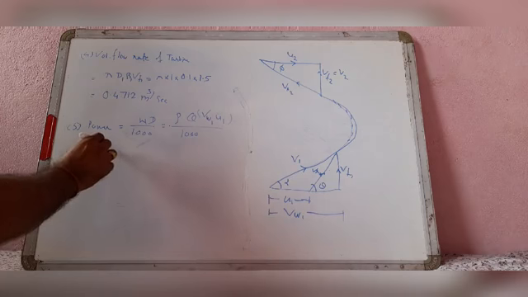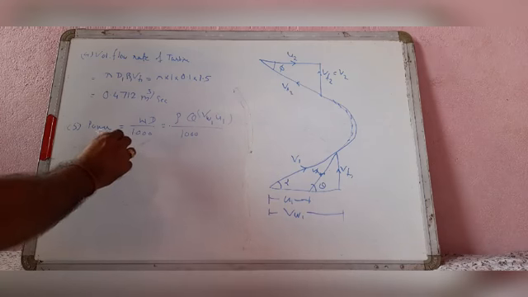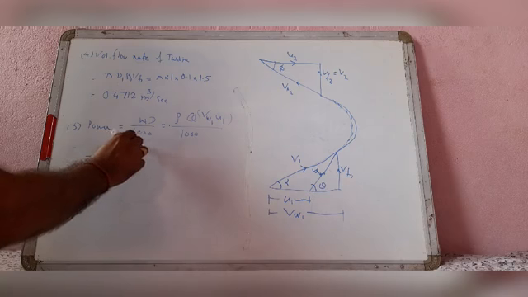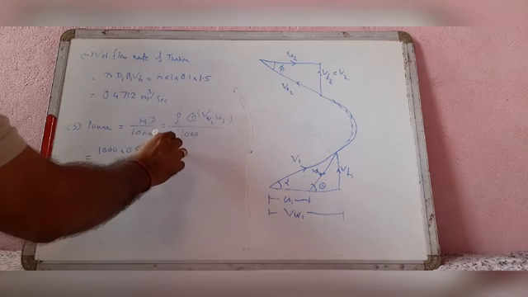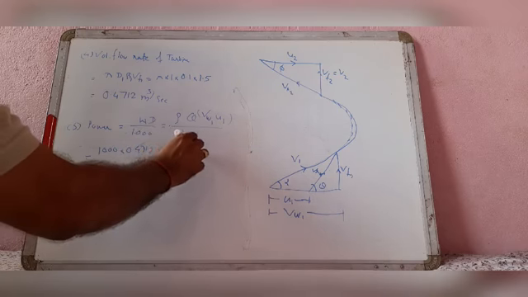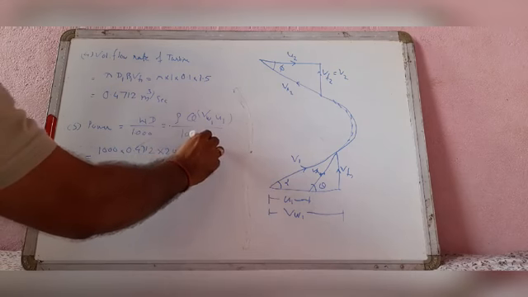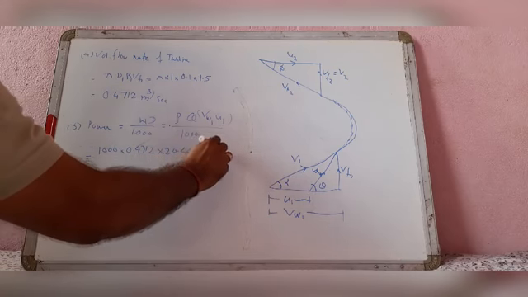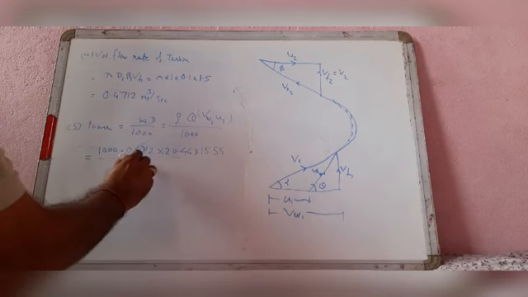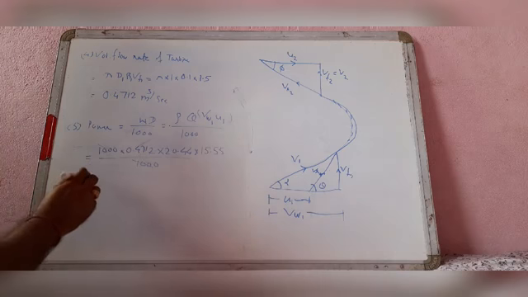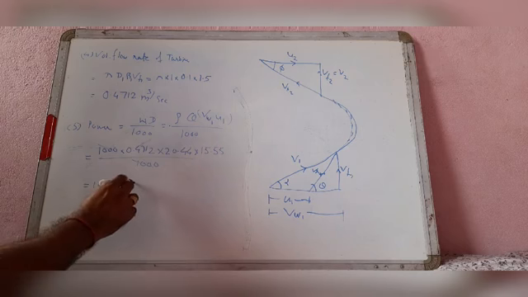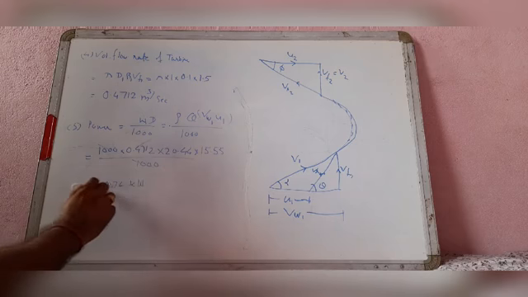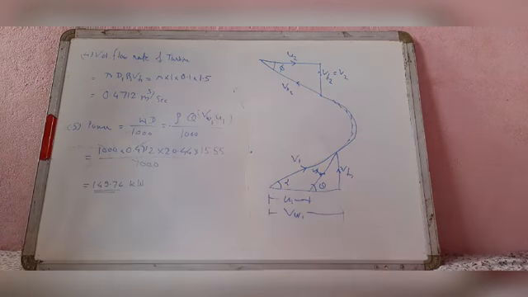Putting the values here, rho is 1000 for water, Q we have calculated 0.4712, into 20.44 into 15.55 by 1000. So we find 149.76 kilowatt is the power of this turbine.